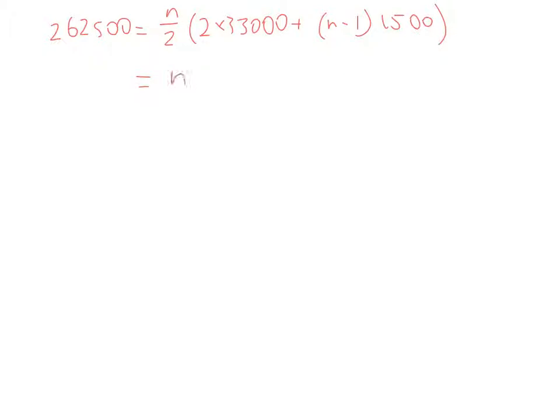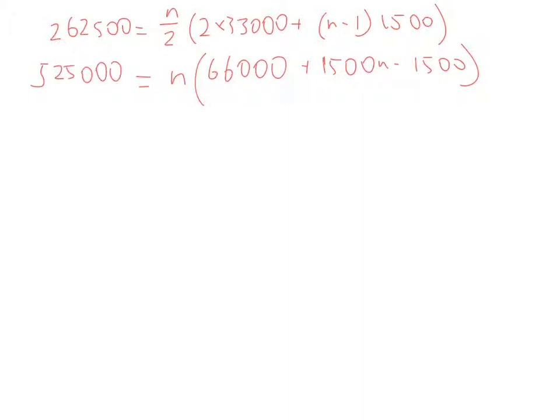And now with N on this side, 66,000 plus 1,500 N minus 1,500. Over here on the left of my equation, I end up with 525,000. Okay, big numbers, but what you're probably going to find is they're going to neaten up quite nicely.